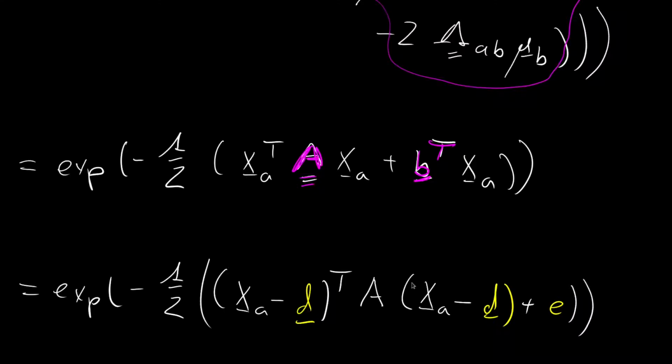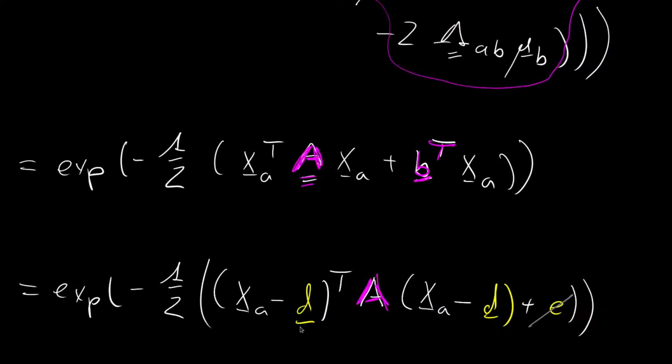Of course, this A is the A from before. In this case, we don't have to consider the E because it will be constant in XA, so we will just take the form as is. We can then describe D in terms of B and A. You probably already see that D will be the mu of the distribution over XA.